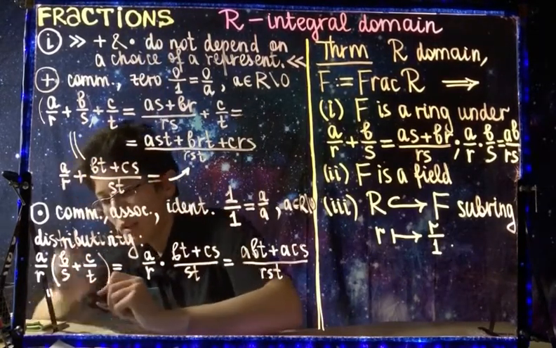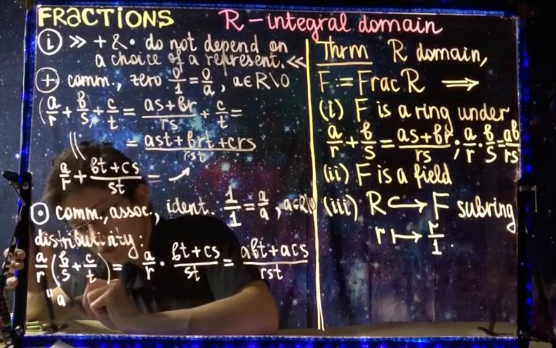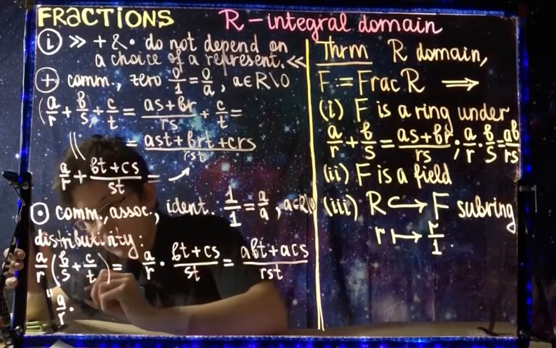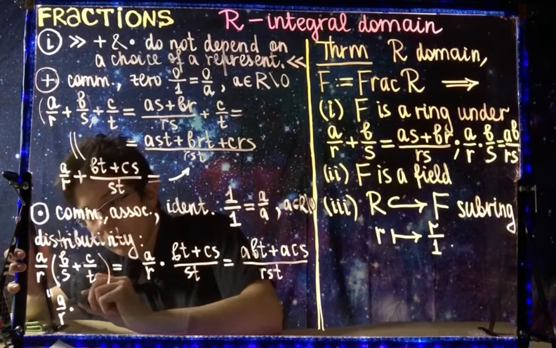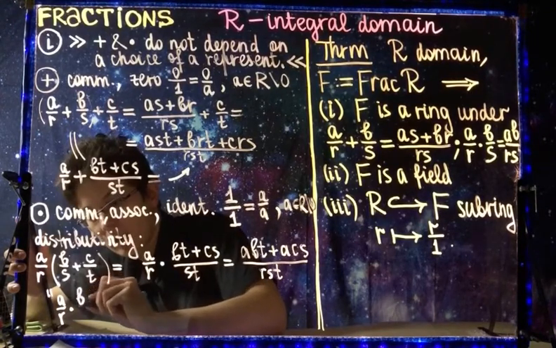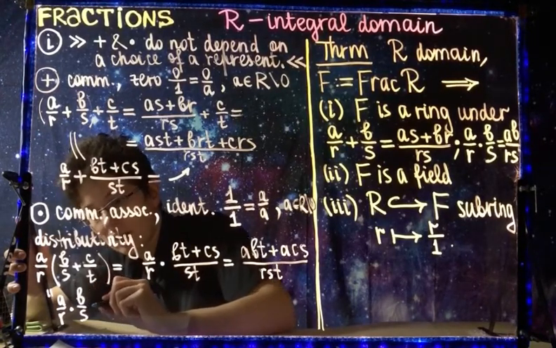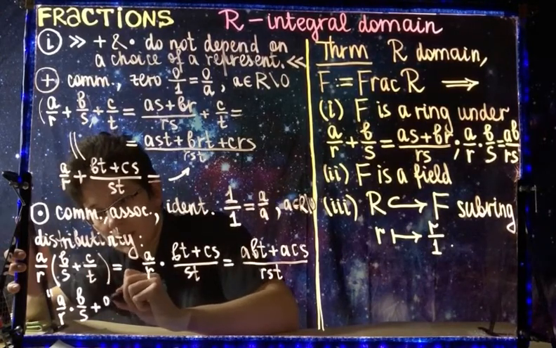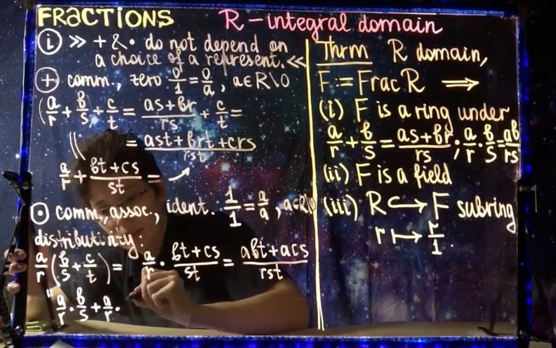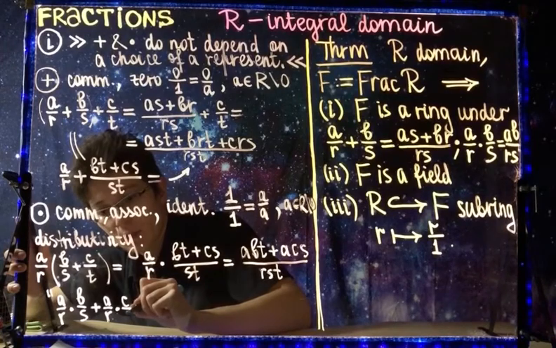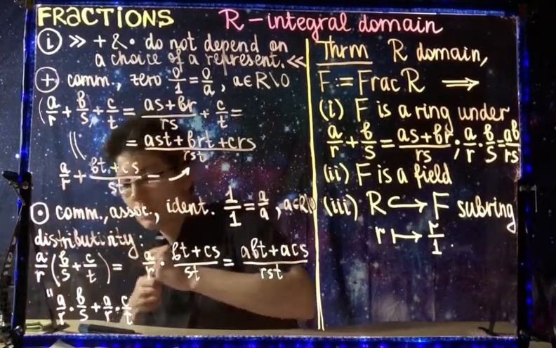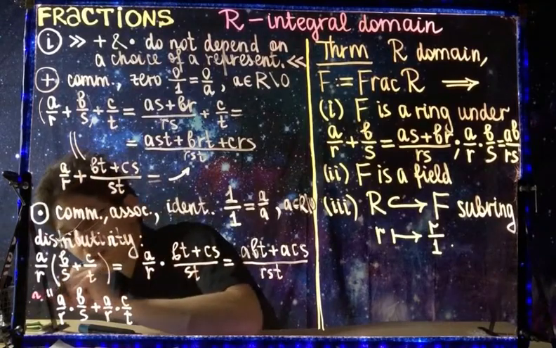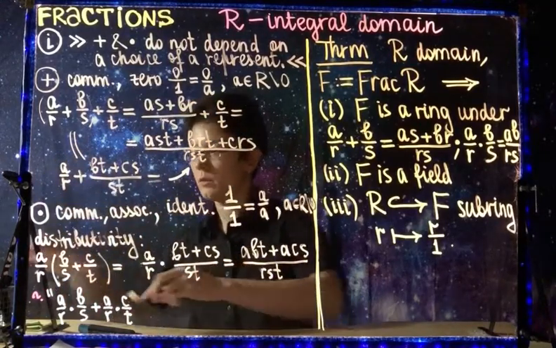And now let's see what is the other side of distributivity. A divided by r times b divided by s plus a divided by r times c divided by t. So we want to see whether these two are equal.